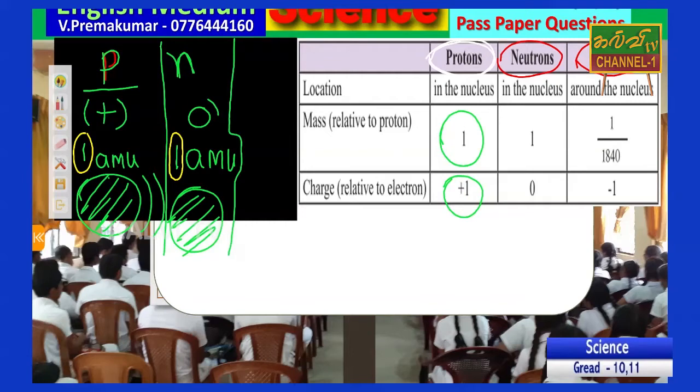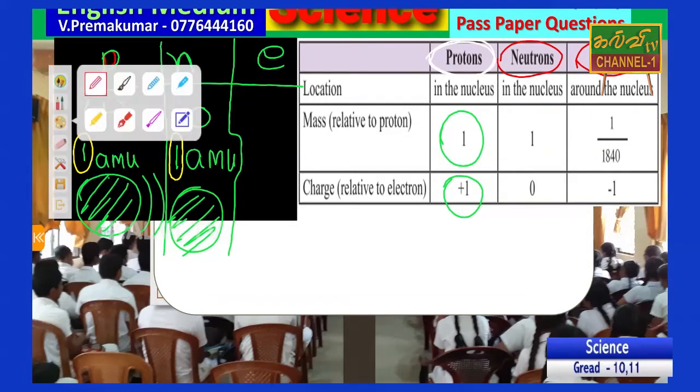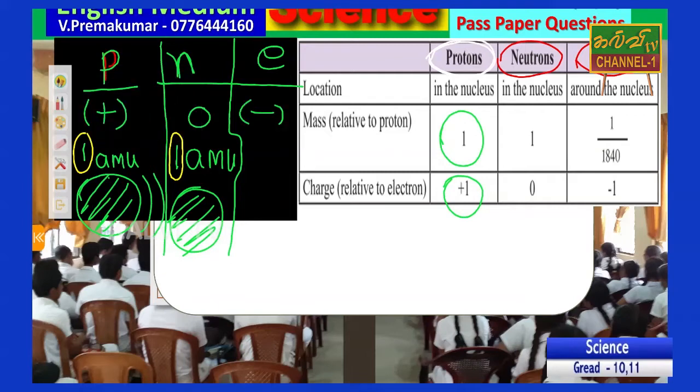When you consider electrons, they have a negative charge.